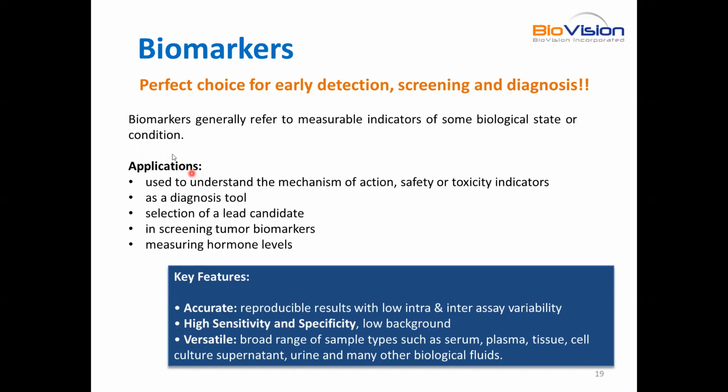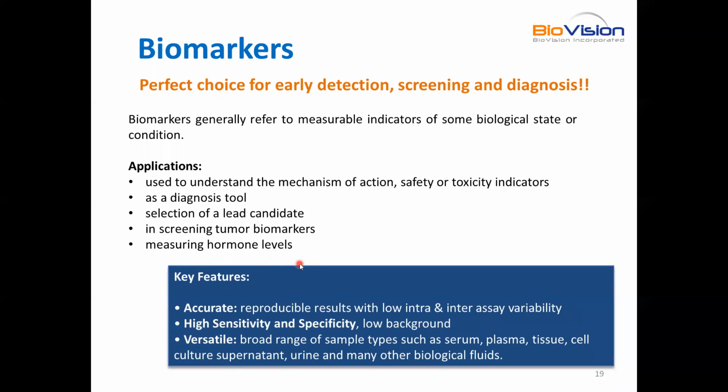The different applications for these ELISA kits include that they can be used to understand the mechanism of action, safety or toxicity indicators in different disease conditions. They can be used as a diagnosis tool and for the selection of lead candidates. These ELISA kits can be useful in the screening of tumor biomarkers or in measuring hormone levels.